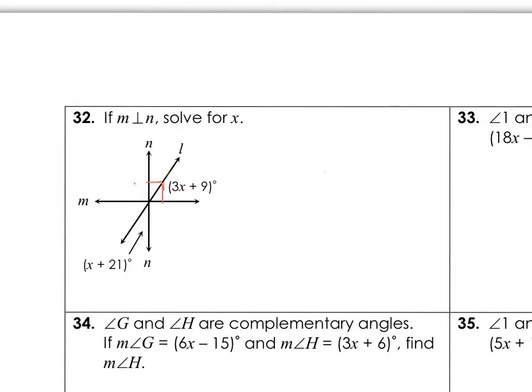We take notice that we have vertical angles. So if it's x plus 21 on the bottom side, it's x plus 21 on the top side. So those two angles added together equal 90.